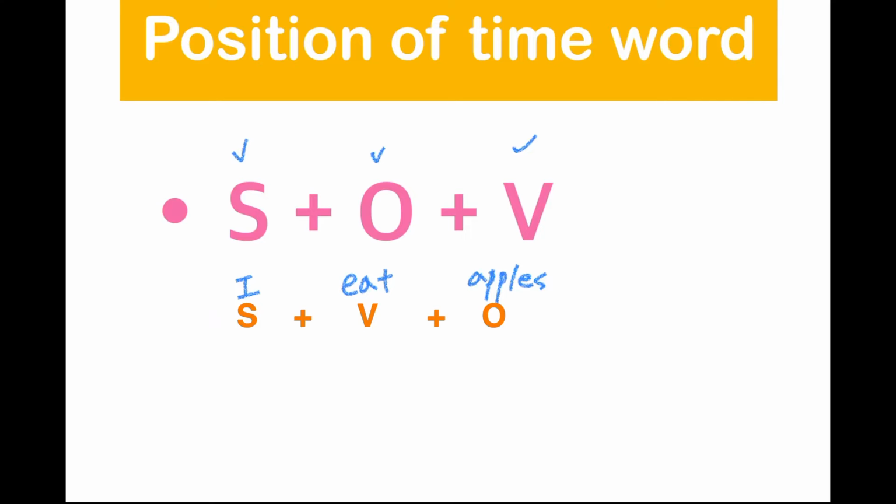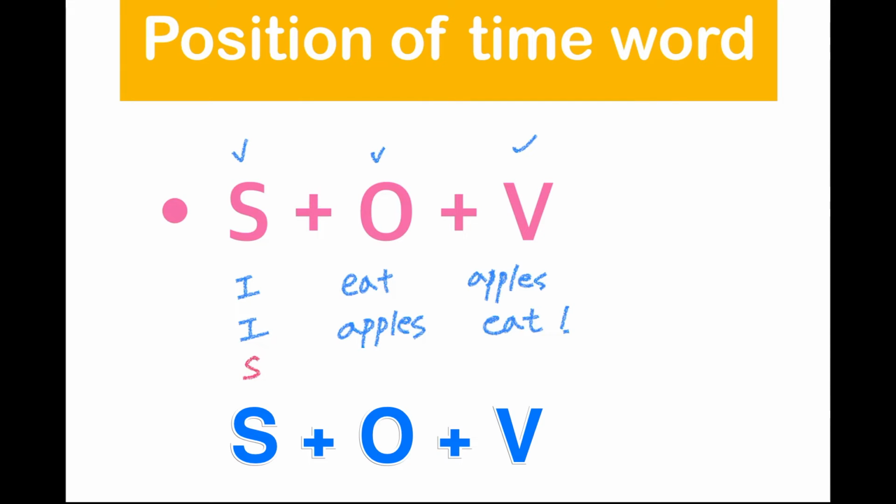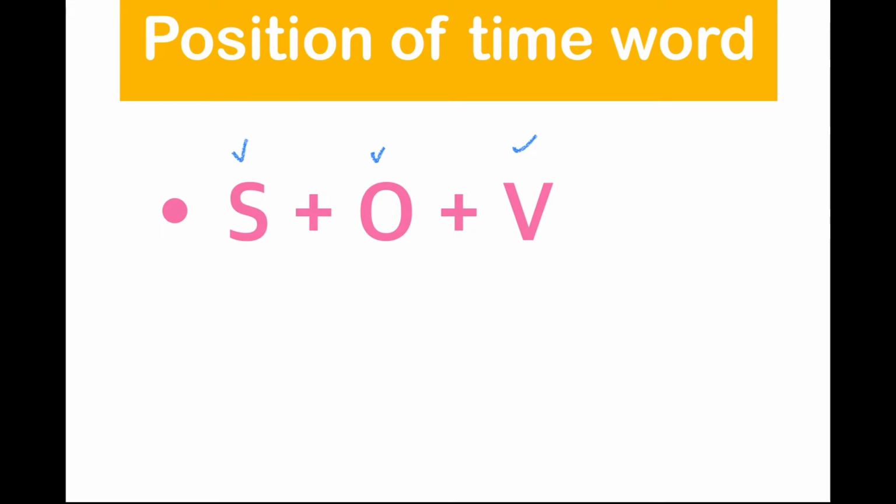But in Korean we have to say, I apples eat, like that. So Korean sentence structure is subject first, and then object and verb. You got it, right?